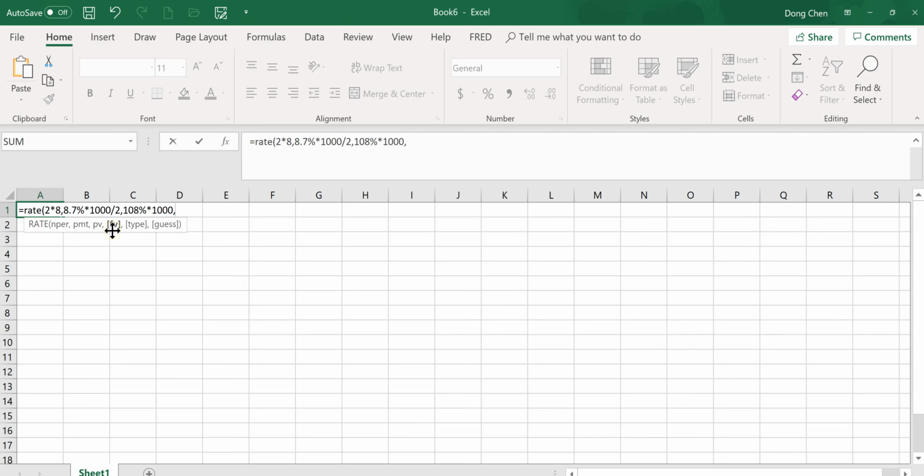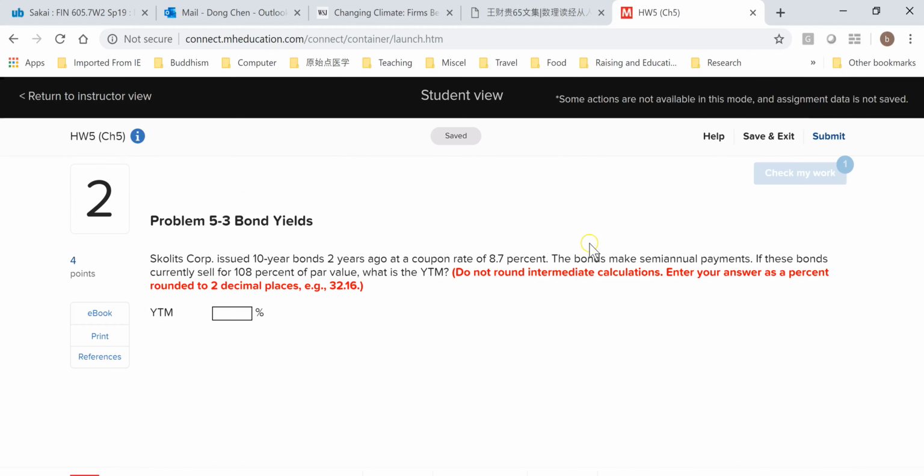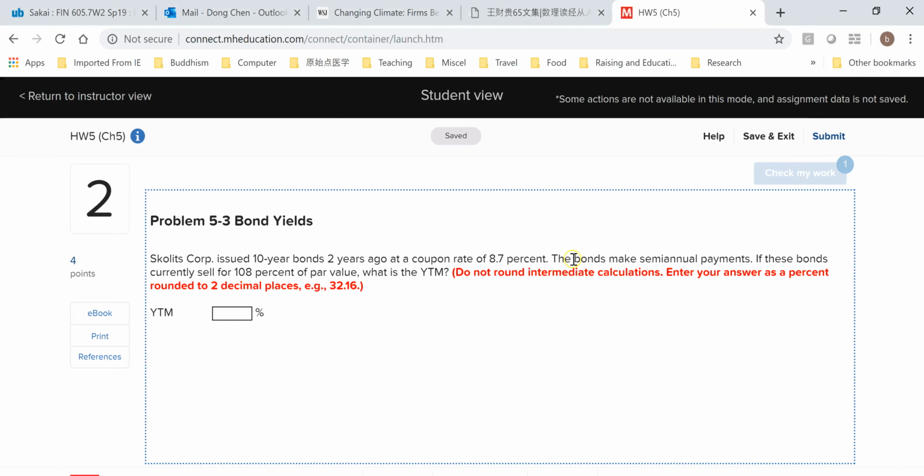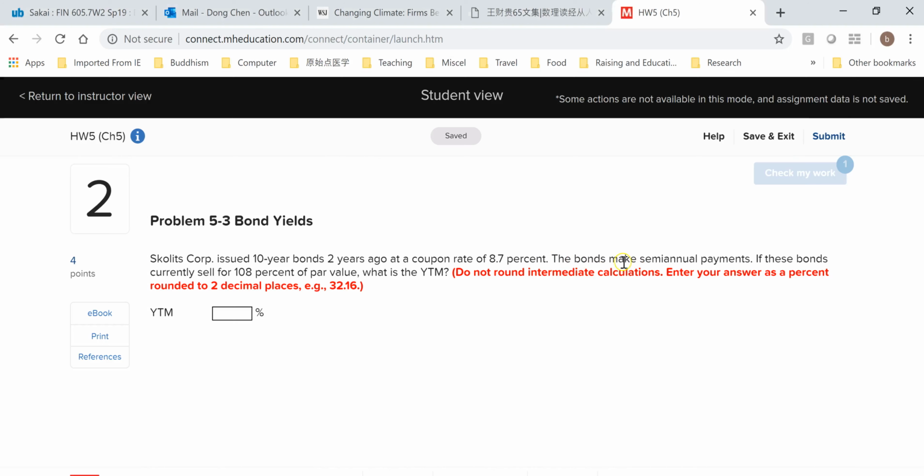And the fourth argument is the future value. That stands for the par value here. And then that's it for this rate function. The other arguments following the future value don't matter. And we should also notice that the YTM based on this calculation is the semi-annual YTM, because everything is in semi-annual terms, right?